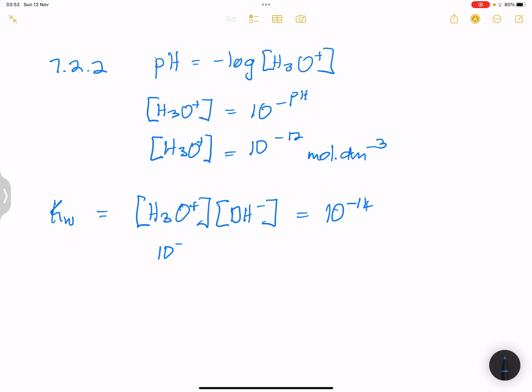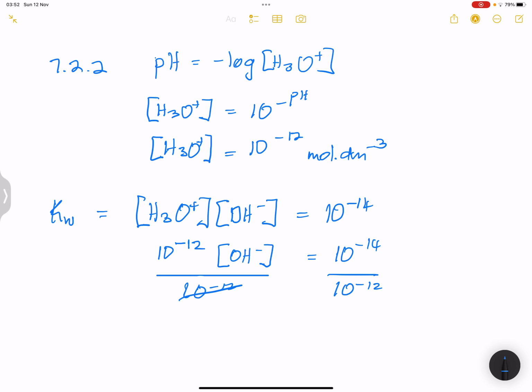Our H3O plus is 10 to the minus 12, and OH minus times that is 10 to the negative 14. So we divide both sides by 10 to the minus 12, using the laws of exponents.